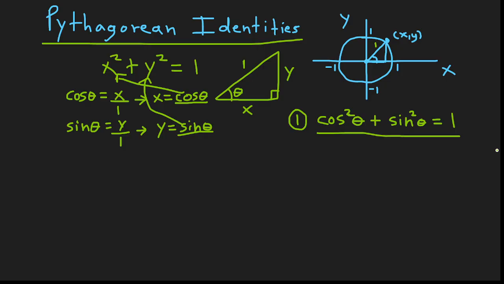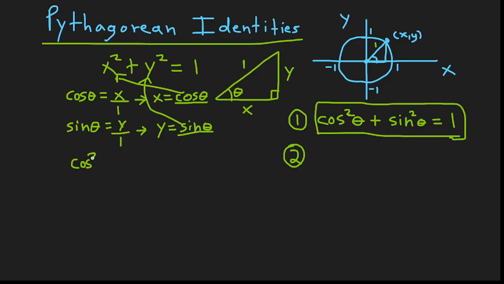Now there are two more identities we can derive from cosine squared plus sine squared equals 1. What we'll do to derive that is we'll take this equation, cosine squared plus sine squared equals 1, and the first thing we'll do is divide both sides, or each term in the equation, by cosine squared theta.